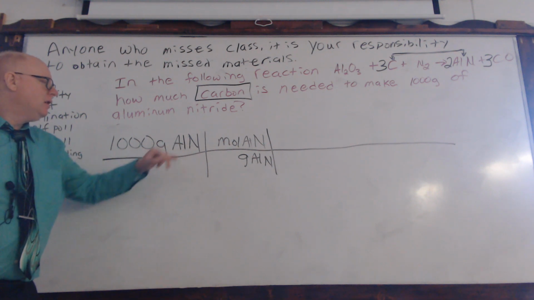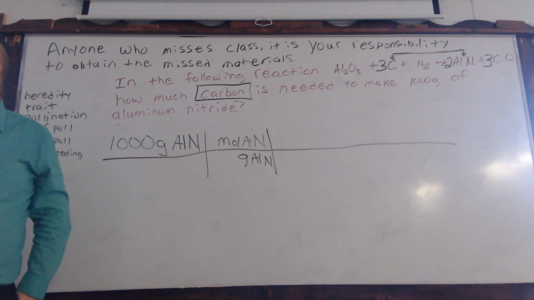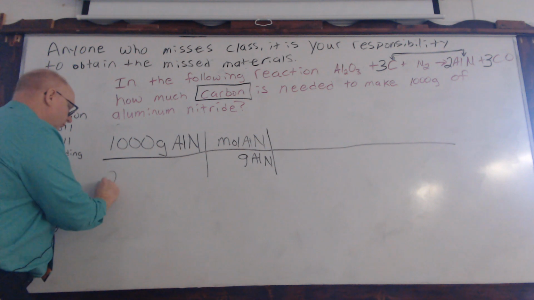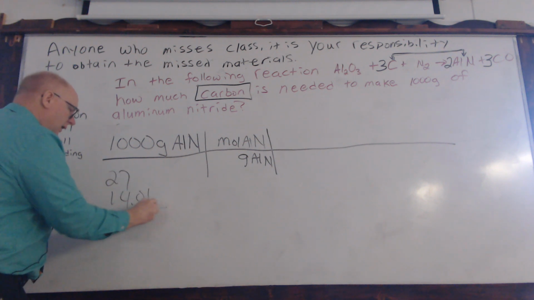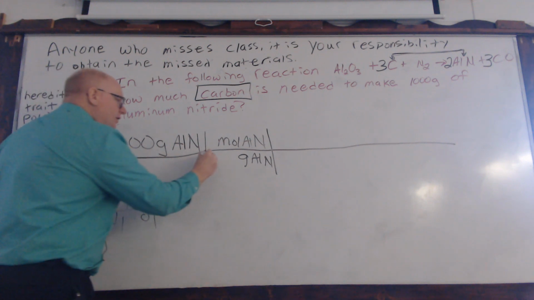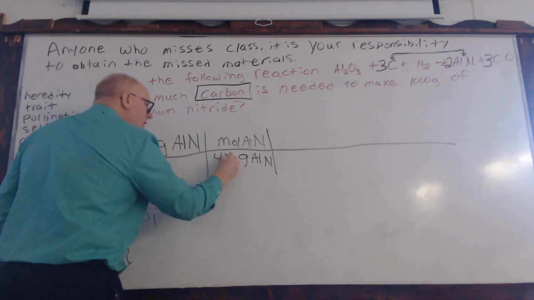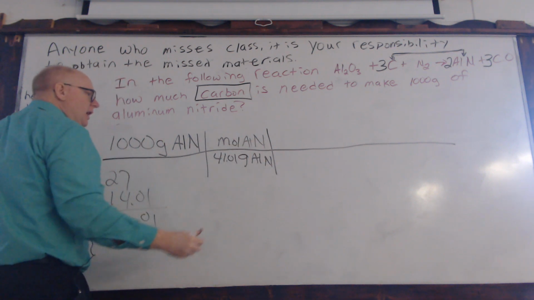So what, 27 and 14, is that 41? That sounds about there. Well, 0.01, I guess. 41.01. And that's just the atomic masses of those two elements put together.